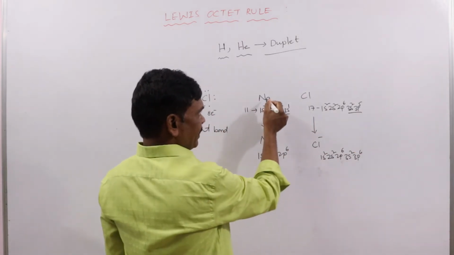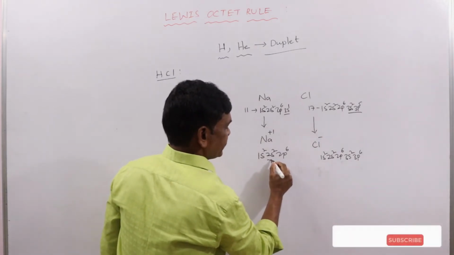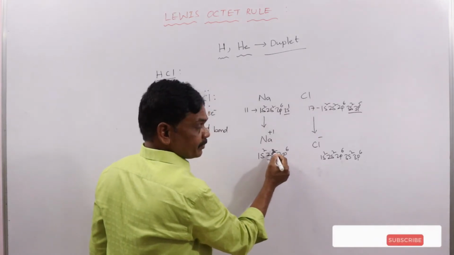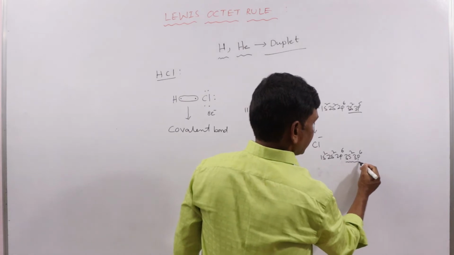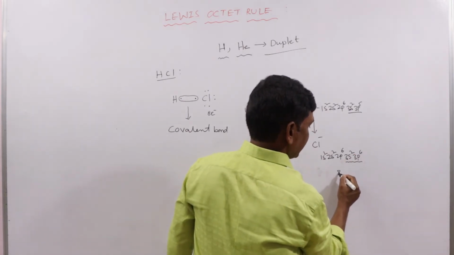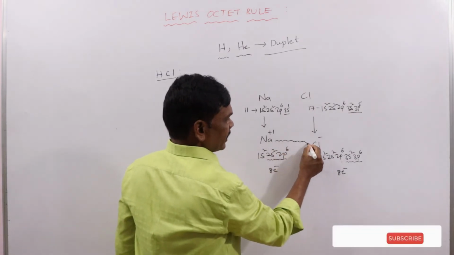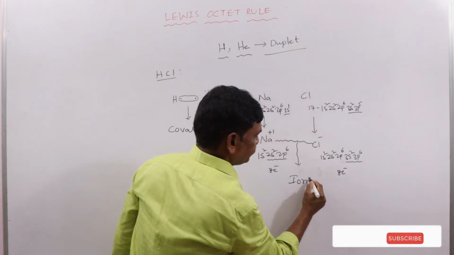So sodium loses one electron and chlorine gains one electron. In the outermost configuration, 6 plus 2, how many electrons? 8 electrons. And here also, in the outermost configuration, 6 plus 2, 8 electrons. Between these two there is attraction, and that is nothing but the ionic bond.